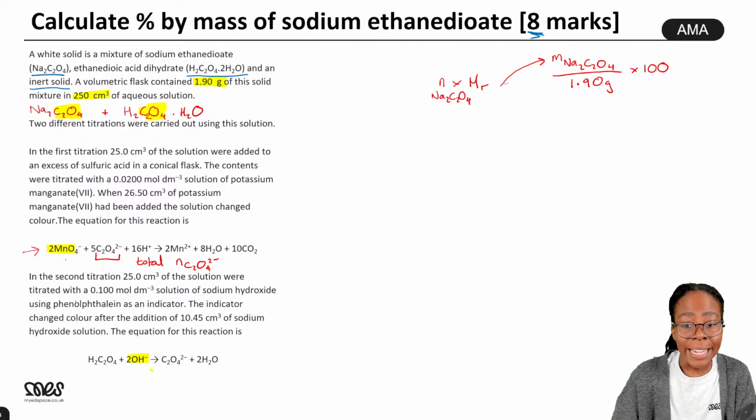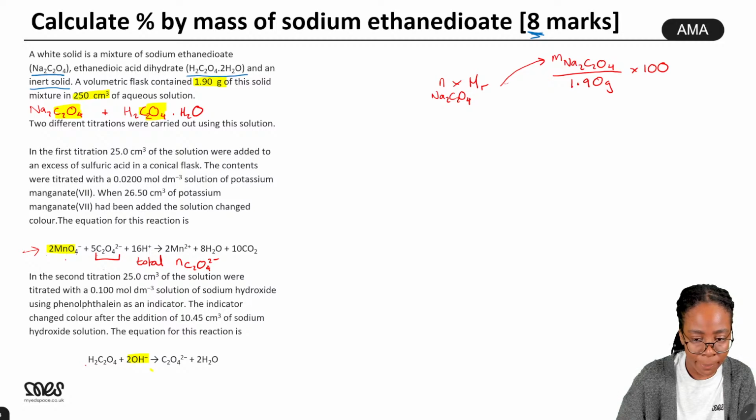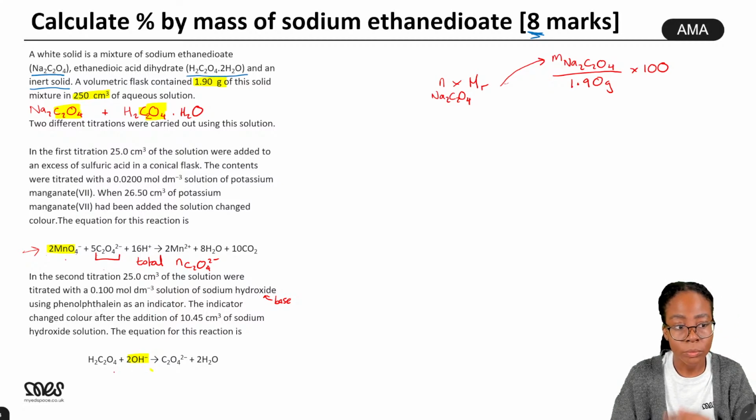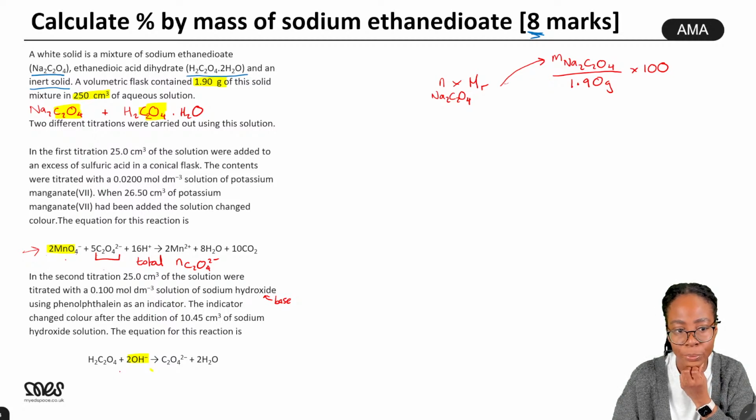In the second titration, a titration against sodium hydroxide, well, sodium hydroxide is a base. So what's the sodium hydroxide reacting with? Just looking at the equation.